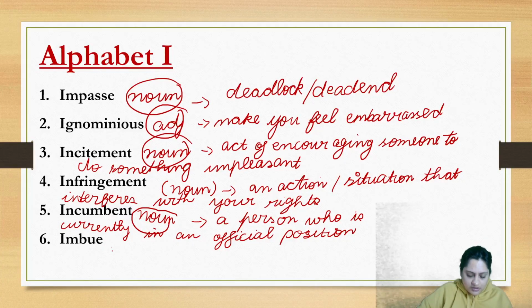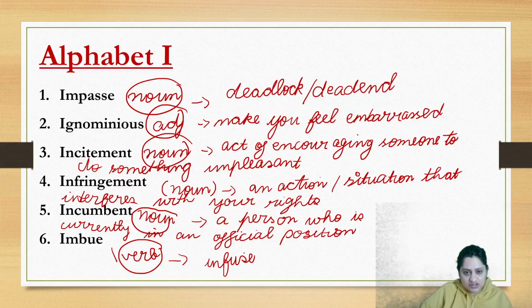Incumbent. Imbue is used as a verb, which means to instill or infuse somebody with feelings, to fill somebody with very deep feelings, strong opinions or ideas, or strong qualities. That is imbue.